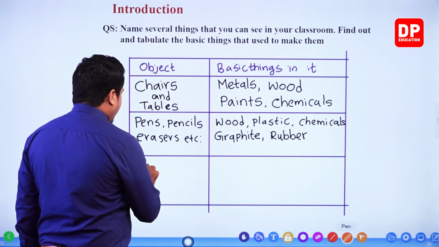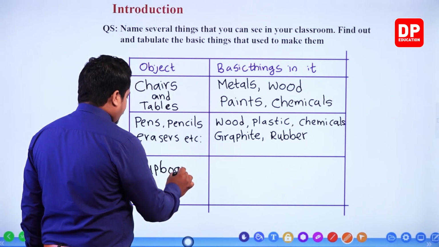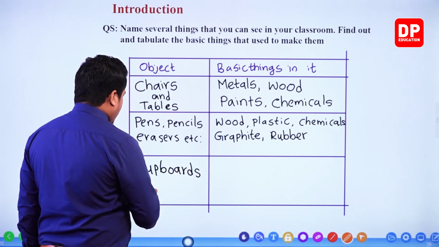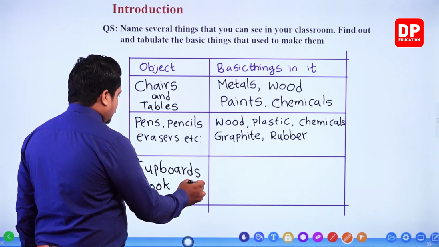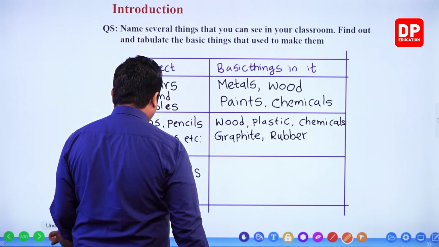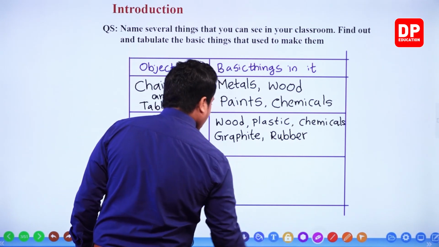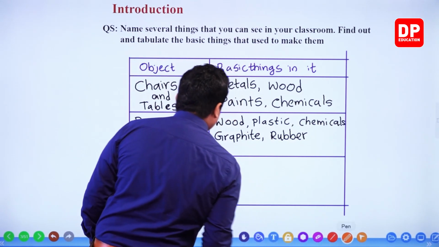So a cupboard. Then books. Okay. So we'll mention books for that stationery thing. It's good, no? Books.